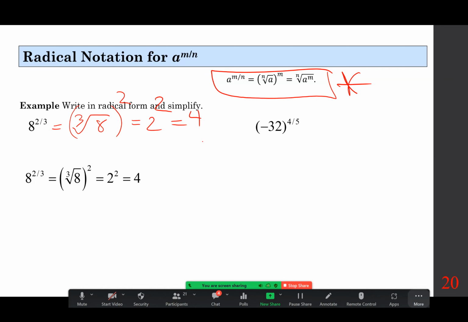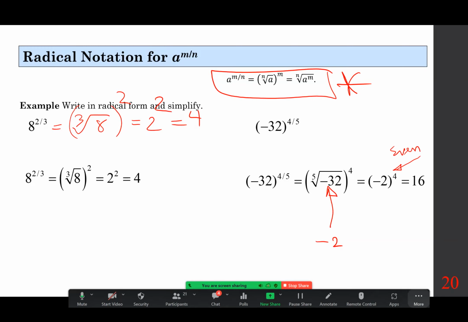Negative 32 to the power of 4/5 means the 5th root of negative 32, to the power of 4. We've discussed that this is negative 2. When you take negative 2 and raise it to the power of 4, because 4 is an even number, it gives you positive 16.